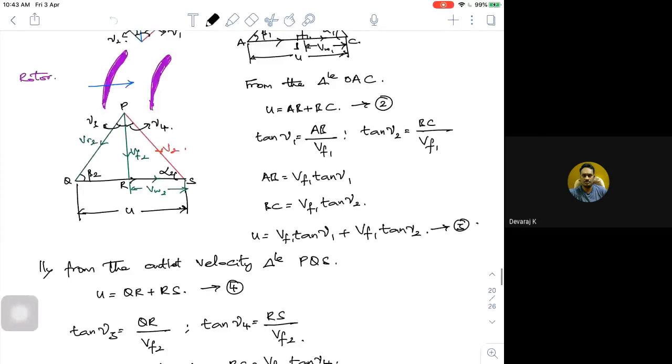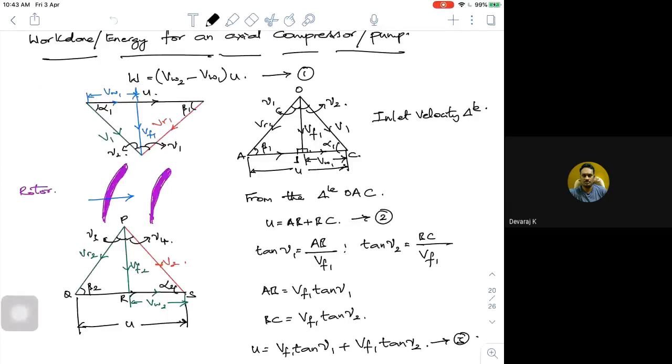You have tan gamma 1. So where is my VW1? You have BC equal to VW1. Your corresponding BC is also equal to VW1. So your VW1 is equal to Vf1 into tan gamma 1.